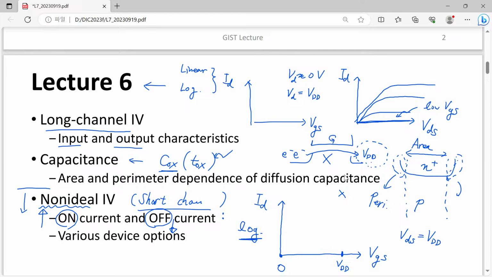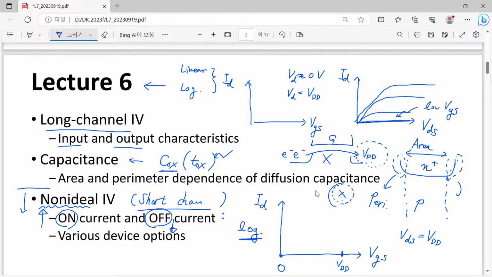You want to have very high on current. So wait a while because my pencil is stuck once again. Okay. So this is desirable. In the case of the off current, where do you want to have it, here or there?